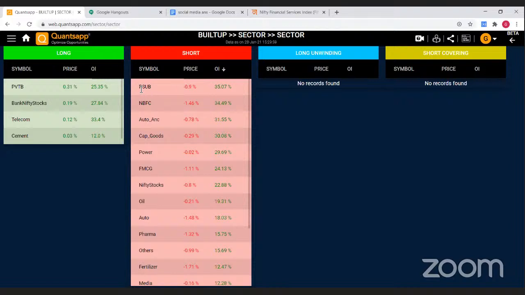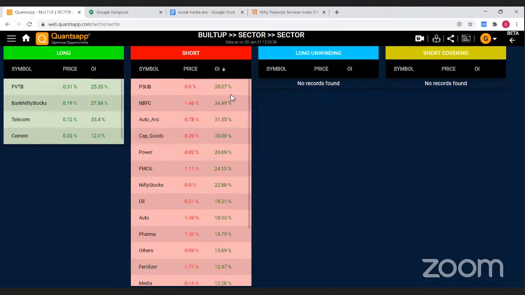So I see PSU Bank was bleeding, NBFC was bleeding by 3.5 to 2%, and the cumulative OI for this particular sector was increasing, which gives me an idea that market participants are increasing their bets in this particular sector and prices are going down. So it gives me an idea of what kind of thinking market participants are keeping here.